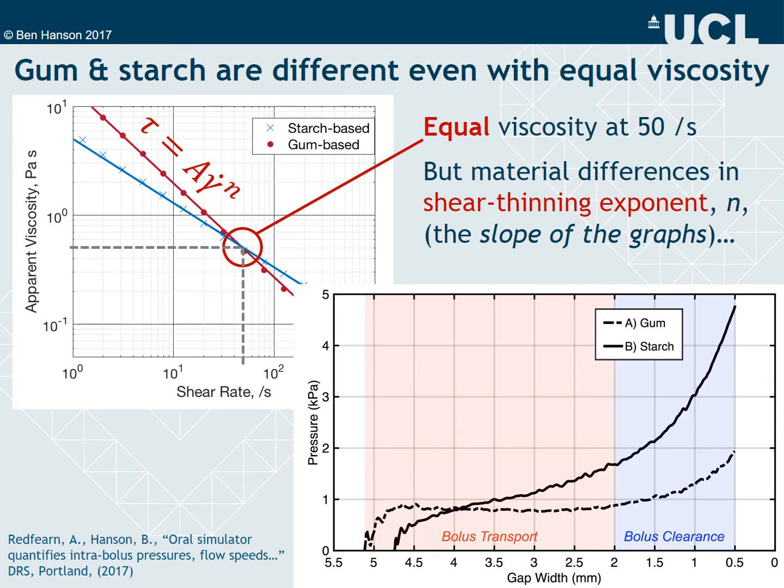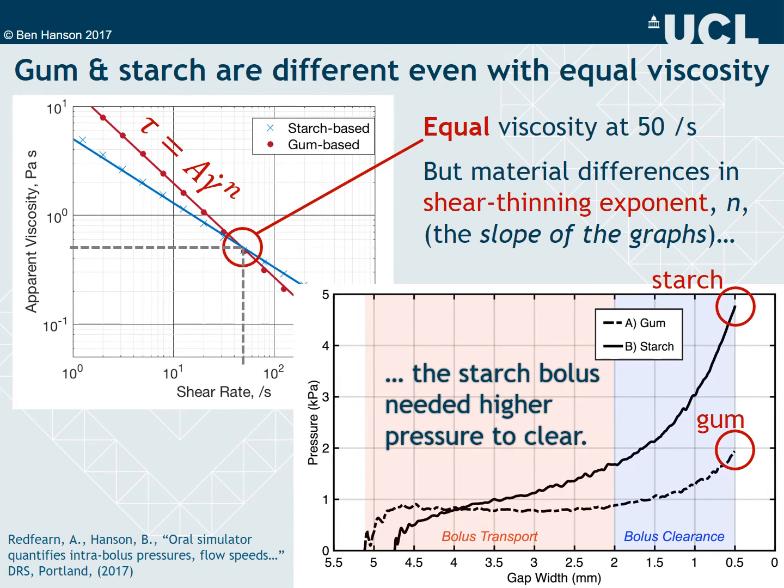So the difference in its performance at low levels of stress is exaggerated compared to starch. And what we find is that in order to clear the bolus, in order to remove it from the oral cavity, starch needed a much higher pressure than gum, even though they both had exactly the same viscosity at 50 reciprocal seconds.